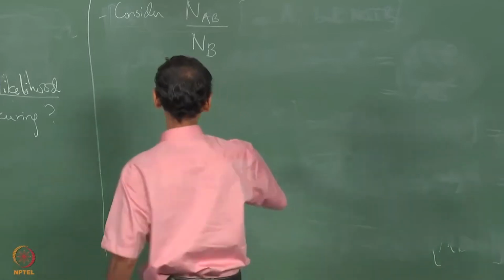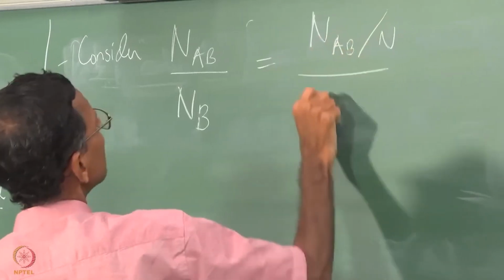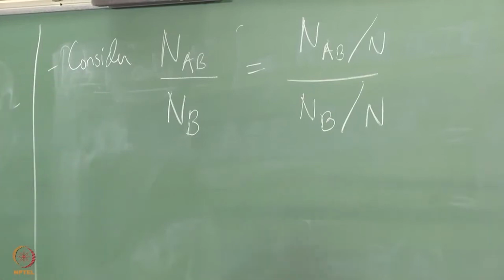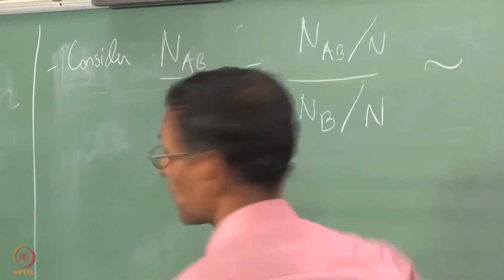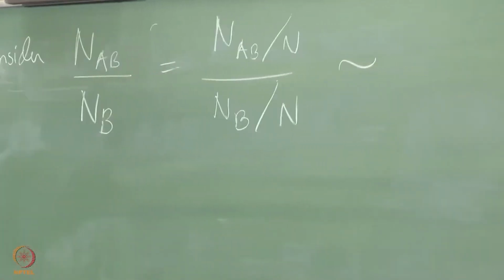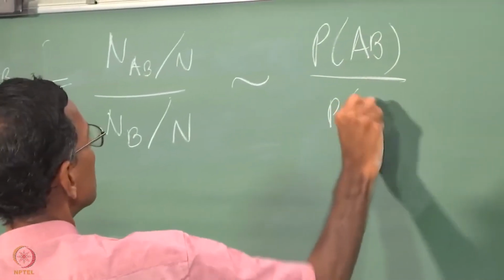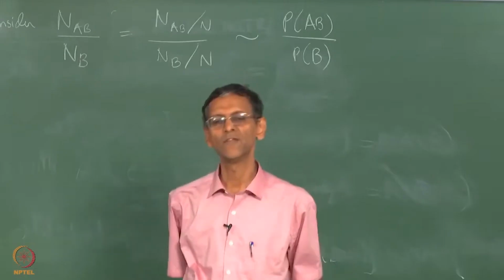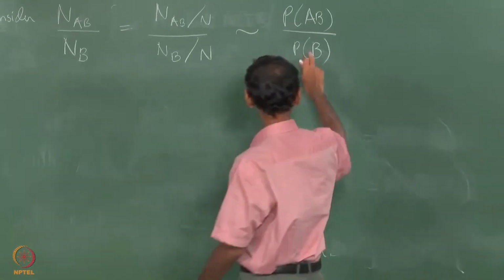This ratio is exactly equal to NAB divided by N, and NB divided by N, since I am dividing by N in both. Now, if N is large, this ratio should be reflected in the probabilistic model by the ratio of two probabilities. What two probabilities are they? The joint probability of AB divided by the individual probability of B, and we know that we are dividing by a non-zero quantity.